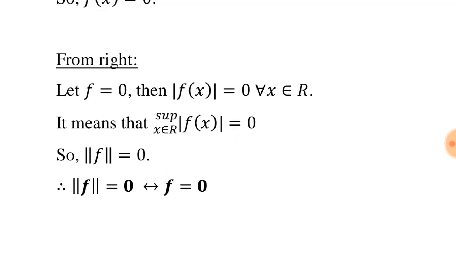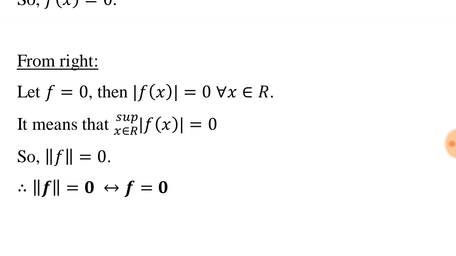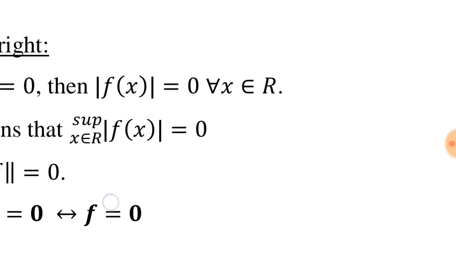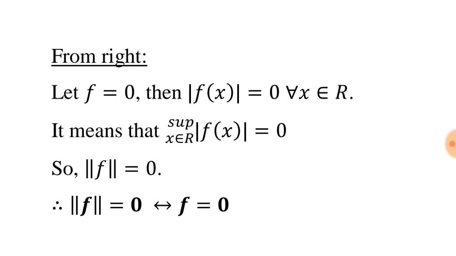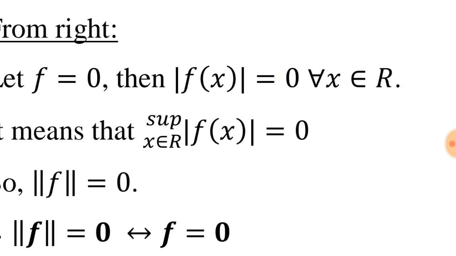Let f equal 0, then of course the absolute value of f of x is also equal to 0 for every x in R. It means that the supremum of the absolute value of f of x is also 0, right? The supremum of 0 is 0.